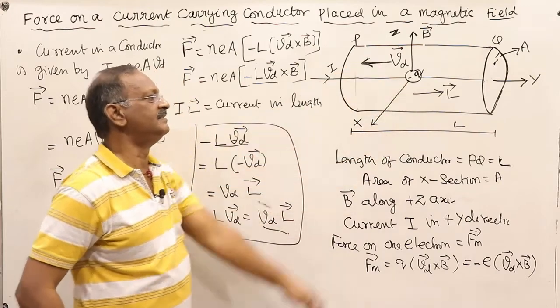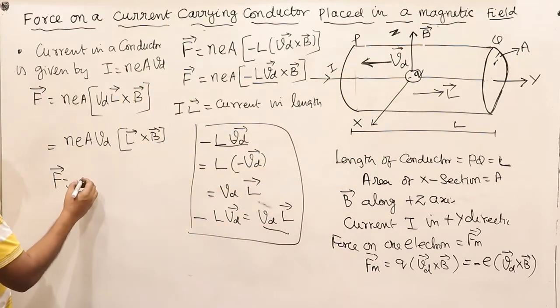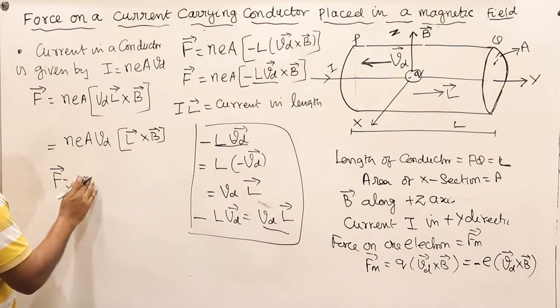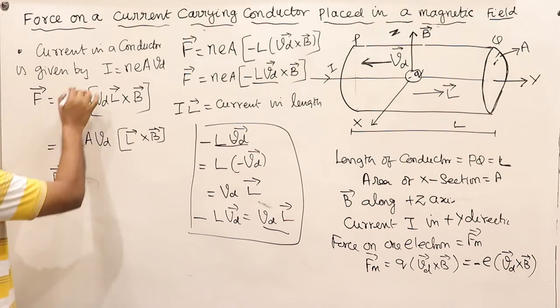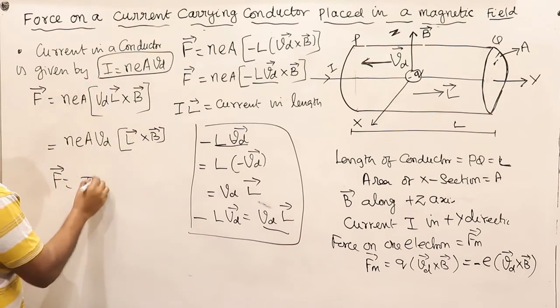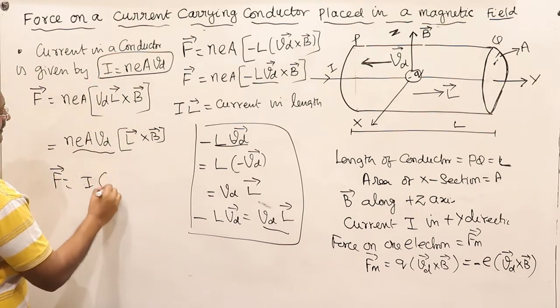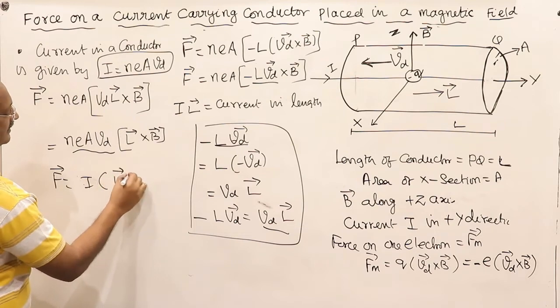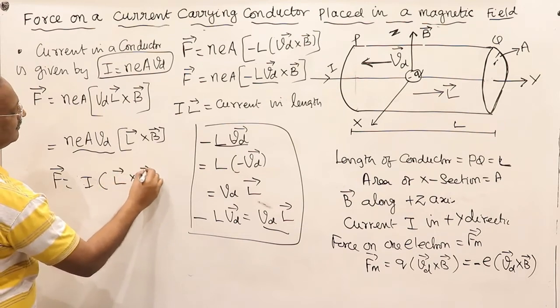which when it is placed in a magnetic field is equal to F is equal to nEAvD. What is nEAvD? It is the current. nEAvD is equal to I, this portion is I, into the length of the conductor cross producted with the magnetic vector.